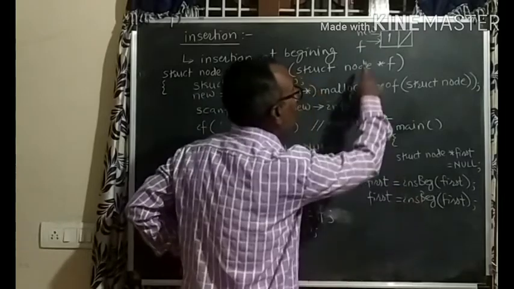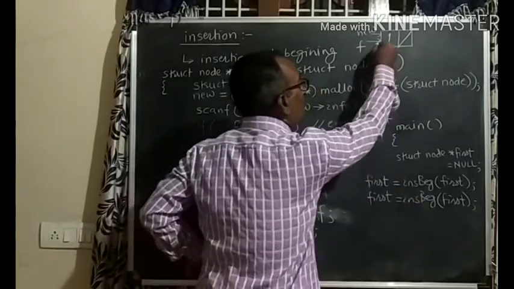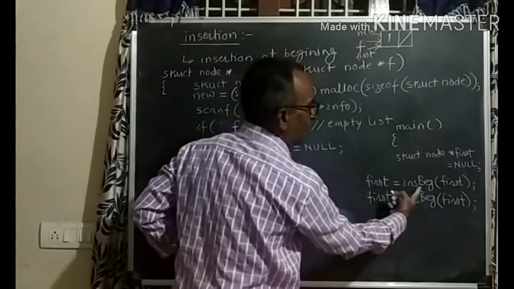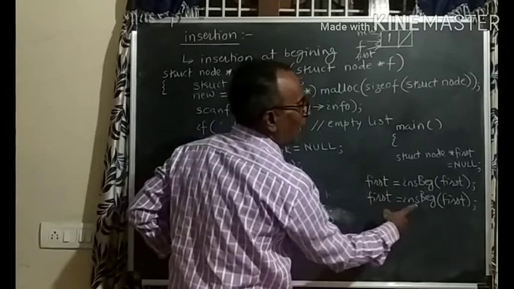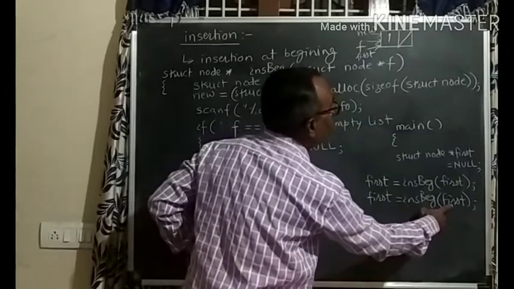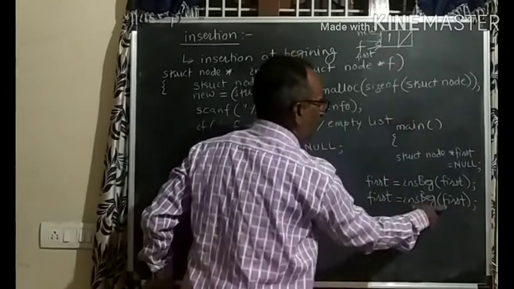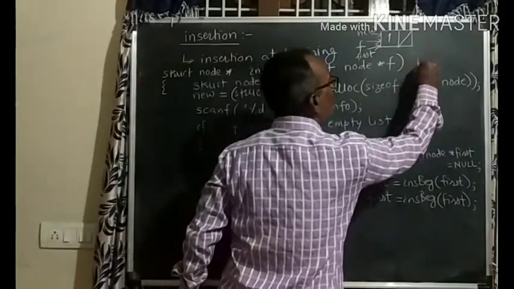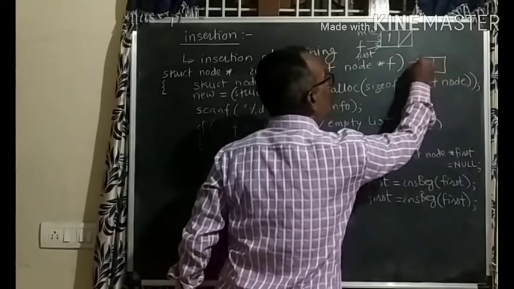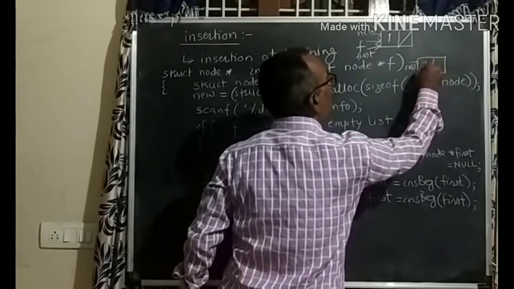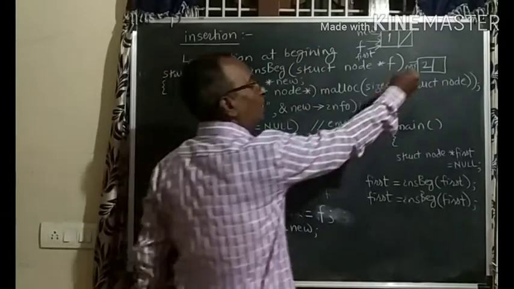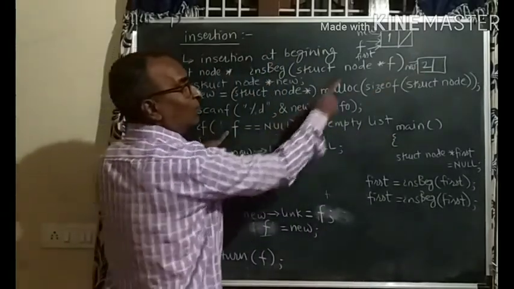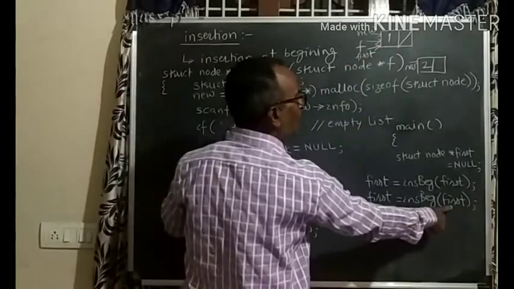Now this first is also pointing to this memory, because it is assigned to first. Now whenever insert beginning is called with first, this address will be sent. Again a new node is created. This is new. Information field is given. Then here f is not null now, because first is pointing here and this has been sent.